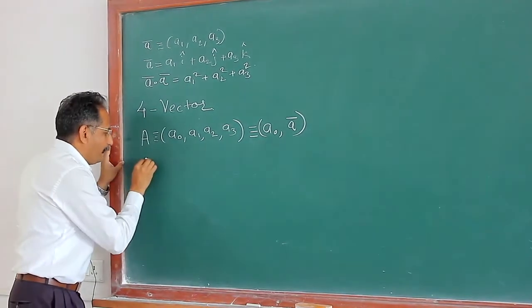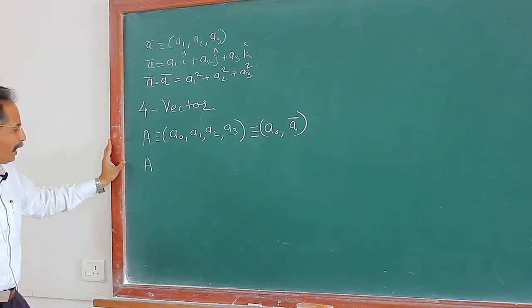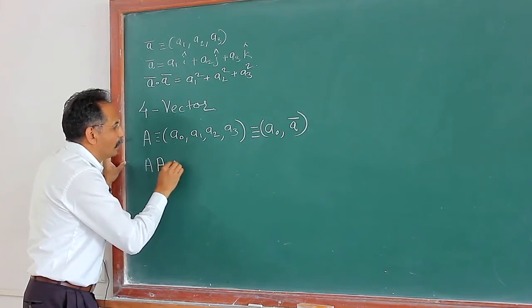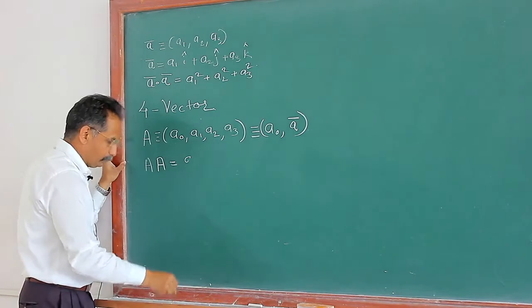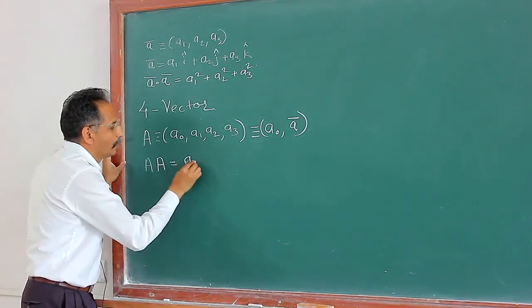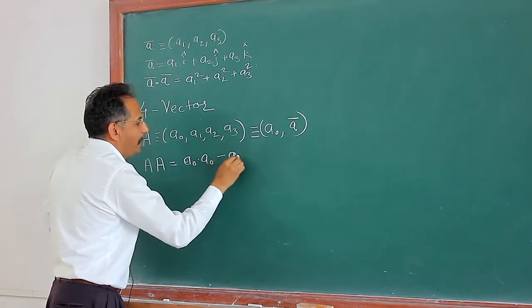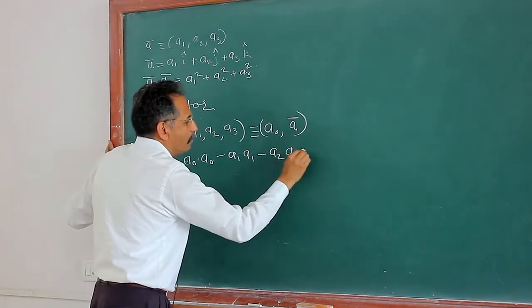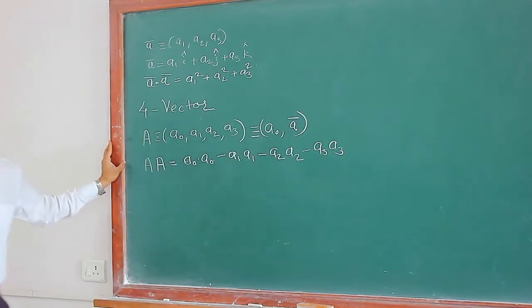Now here we define the inner product of capital A with respect to capital A. So this is defined as A0 into A0 minus A1 into A1 minus A2 into A2 minus A3 into A3. So this is the definition of product of 4 vectors.